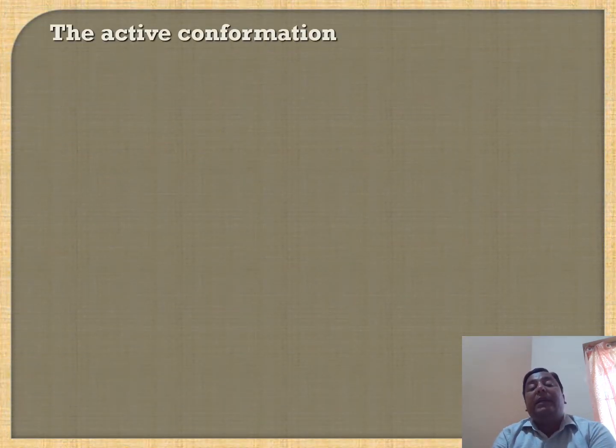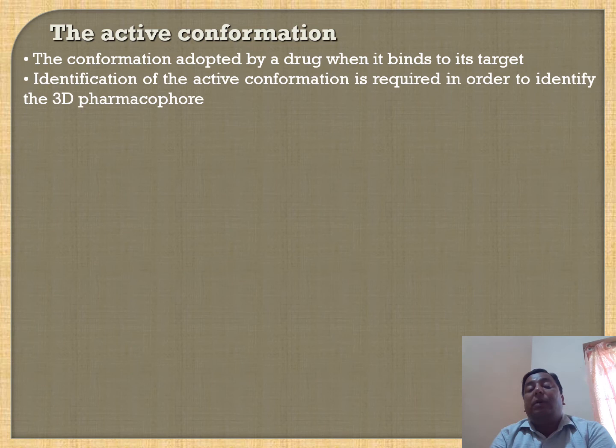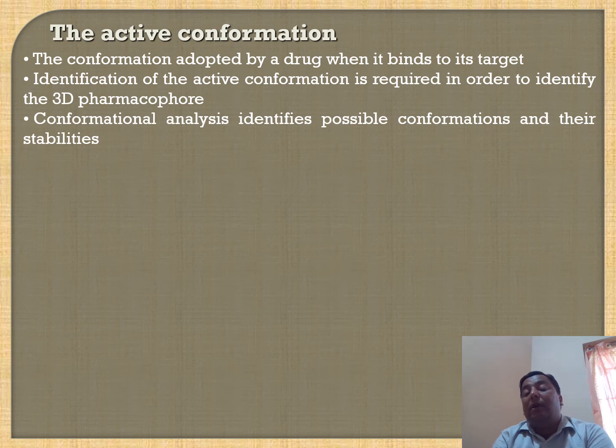So now for the active conformations, the conformations adopted by a drug when it binds to the target are very important. So identification of active conformations is required in order to identify the 3D pharmacophore and its features, and conformational analysis identifies the possible conformations and their stabilities.